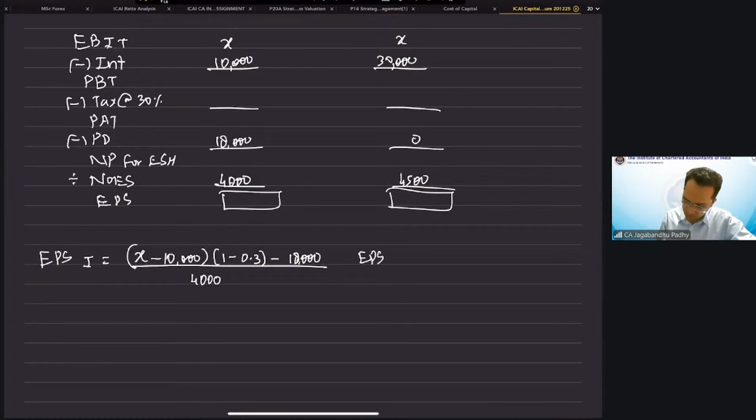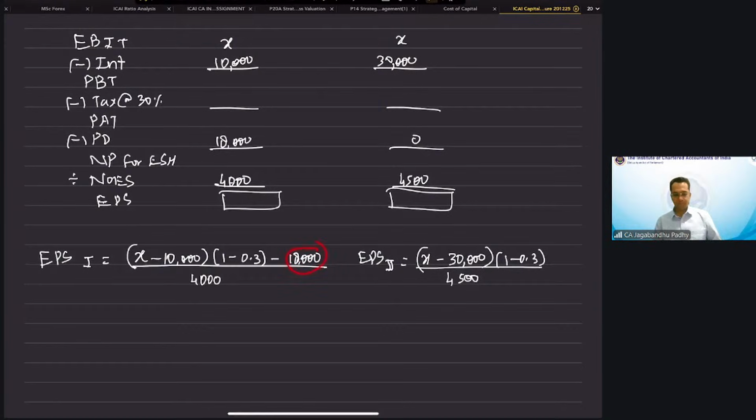Then EPS of the second plan, guys. This is going to be X minus 30,000, making it post tax 1 minus 0.3, divided by 4,500. Because there's no preference dividend that's going to be subtracted, net profit for equity shares is going to be same as this figure.